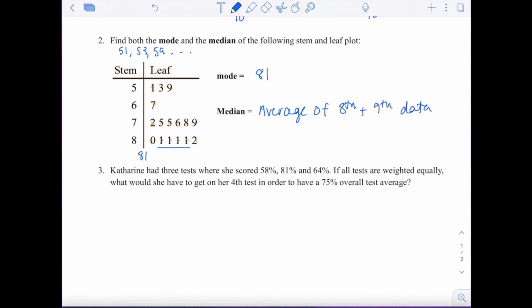So I'm going to count now 1, 2, 3, 4, 5, 6, 7. So I need the average of 6 and 8. 6 plus 8 divided by 2 is 7. So the median here is 7. Sorry, 77, because of course this number is 76 and 78.